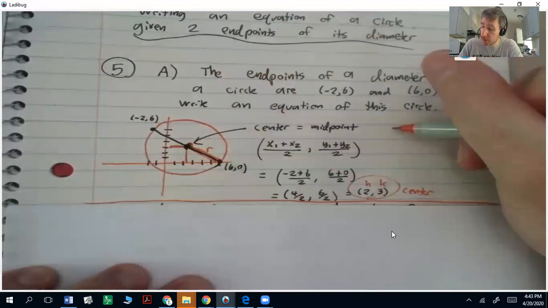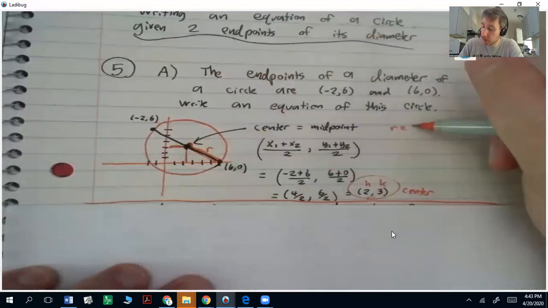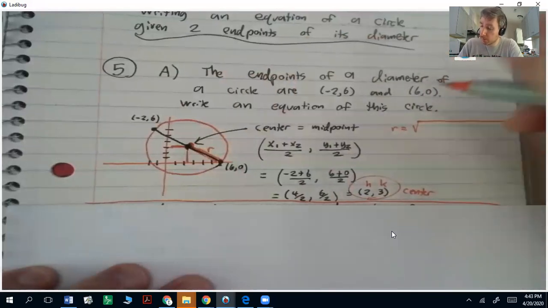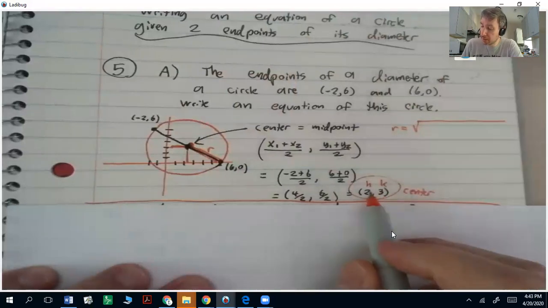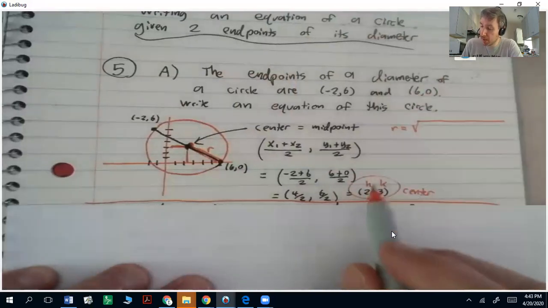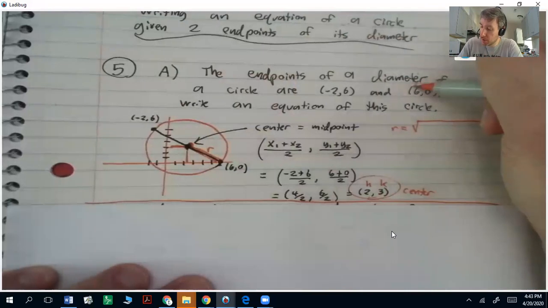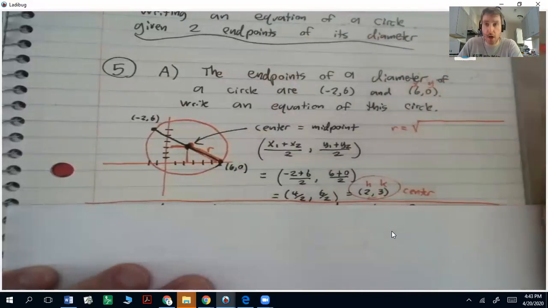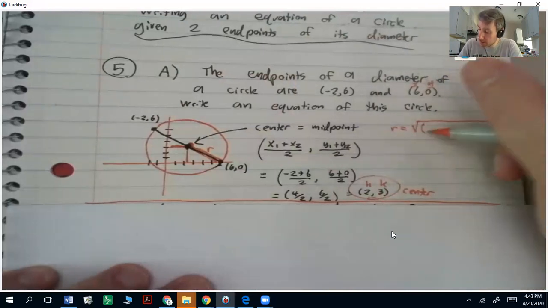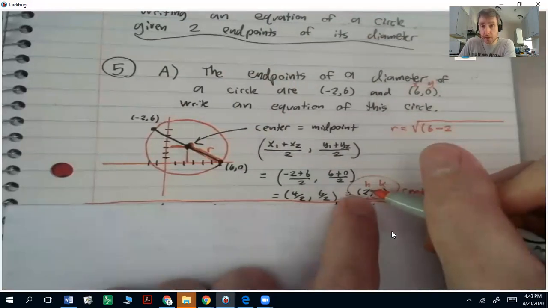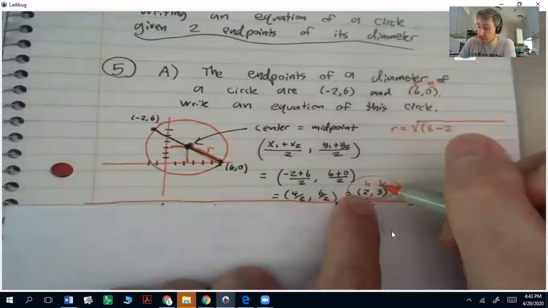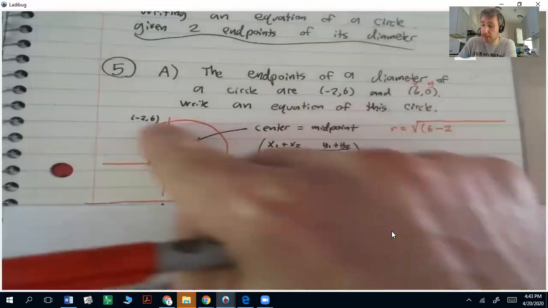So our radius could be the square root of, let's say, 6 minus 2. We're going to call this (6, 0) x and y. We want to make sure that our center is included. 6 minus 2.